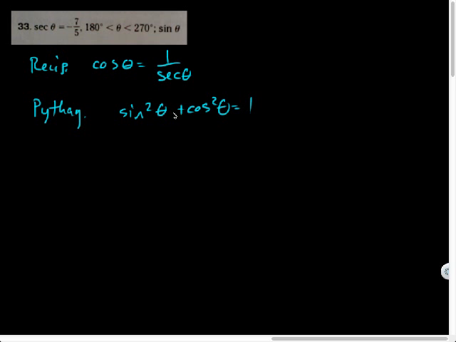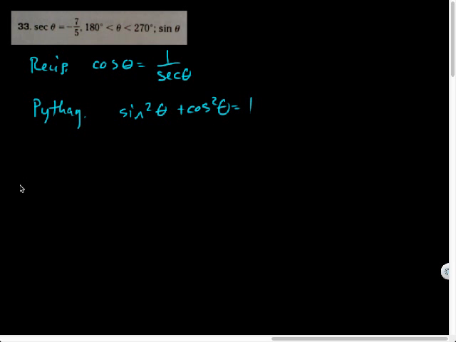All right, so 2 stepping stones. Is this the only way, I wonder? Yeah, the other ways would be more complicated. From secant, I could have gotten tangent. From tangent and sine, I could have gotten, no, I don't think that would be helpful.